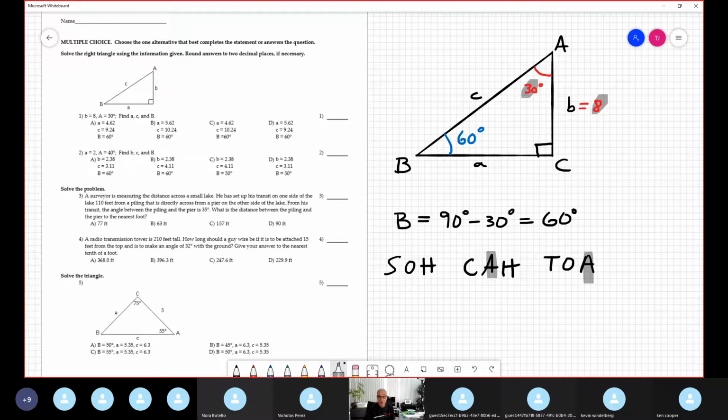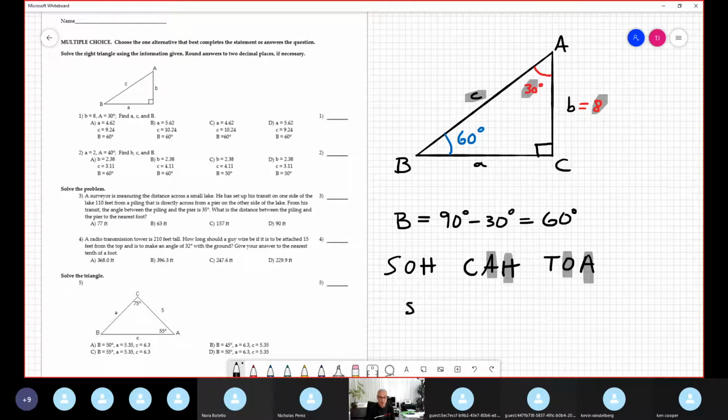Suppose I need to find the hypotenuse. Okay, the hypotenuse, so you apply cosine. And for finding the opposite, maybe you apply tangent. This is the idea. Let's start one by one.